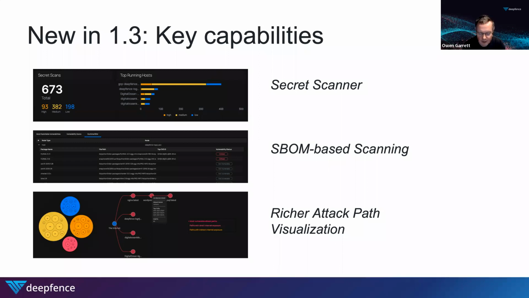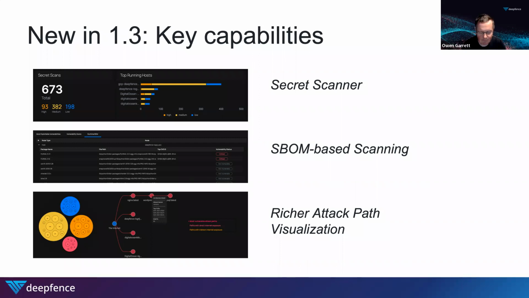ThreatMapper 1.3 refocuses our vulnerability scanning around the generation of SBOMs, software bills of materials. So first and foremost, ThreatMapper can generate an SBOM from the running applications or registry-based applications, and then use that SBOM as the source for its vulnerability scans.